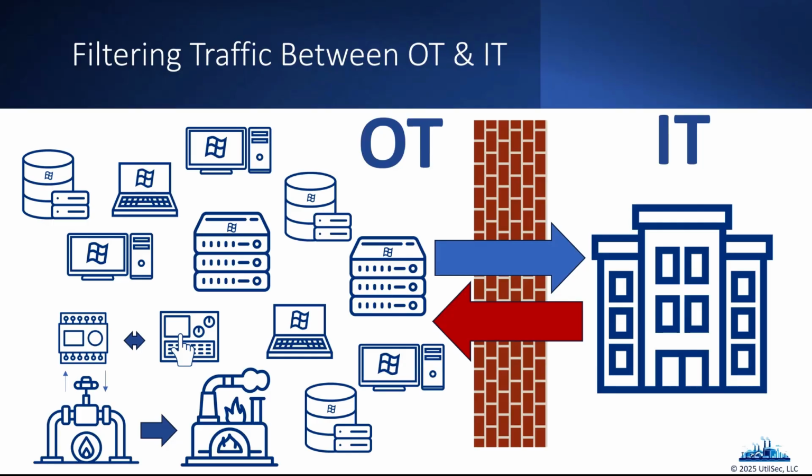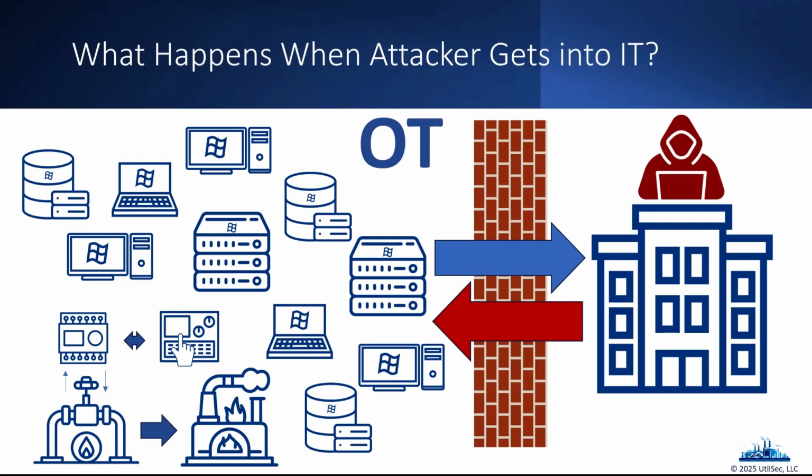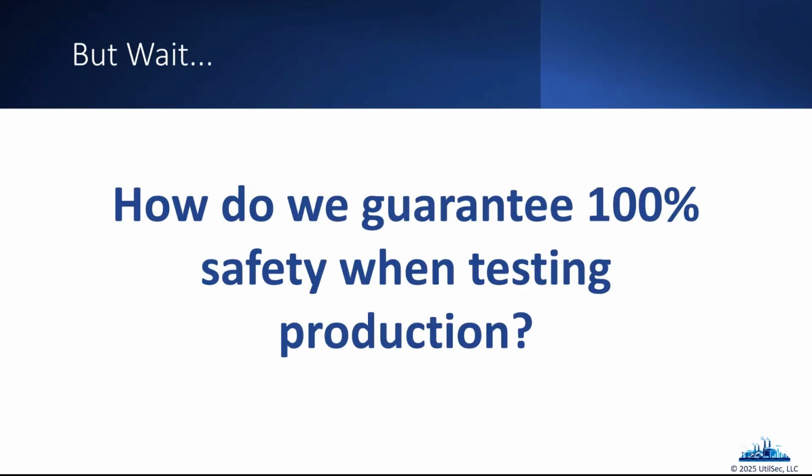Most of them aren't configured appropriately, or even if they are configured as restrictively as possible, due to poor architecture decisions there are too many pathways that an attacker can use to move from IT into OT. So when the attacker gains access to IT, what can they do?